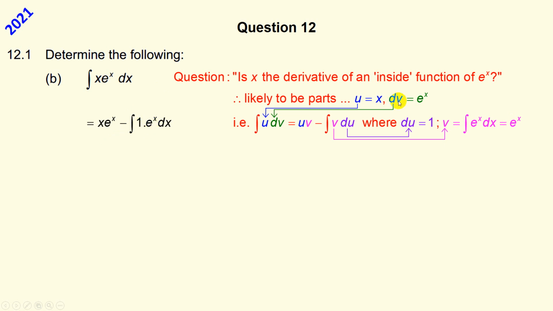Well, du is 1, and v is e to the x dx. This becomes the integral of e to the x dx, which is just e to the x, and plus our c.